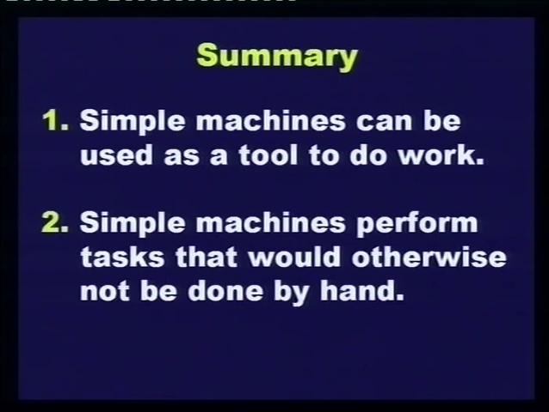The first one says simple machines can be used as a tool to do work. And the second point says simple machines perform tasks that would otherwise not be done by hand. The second point is telling us that there are some tasks that we can't do with our hands, but with the help of simple machines, we are able to do those tasks.